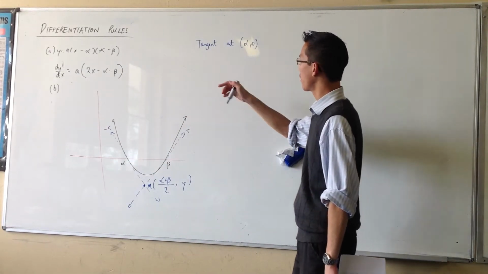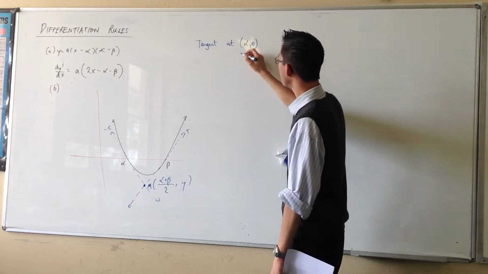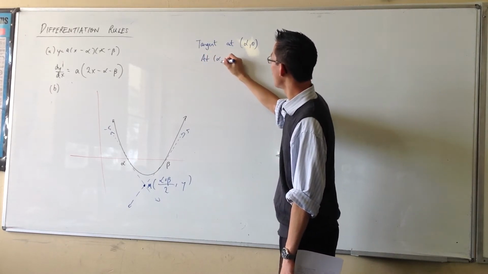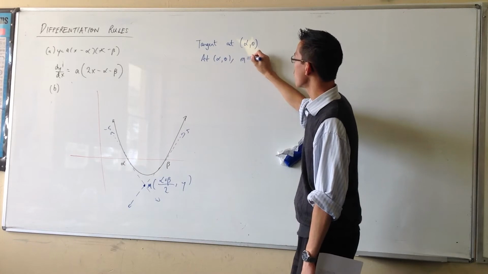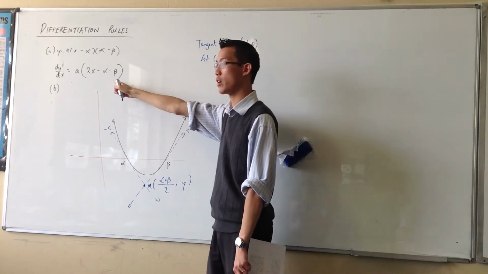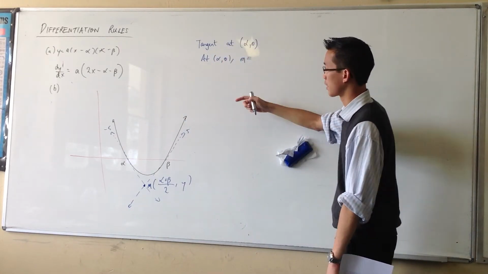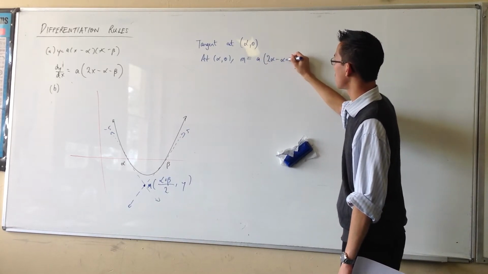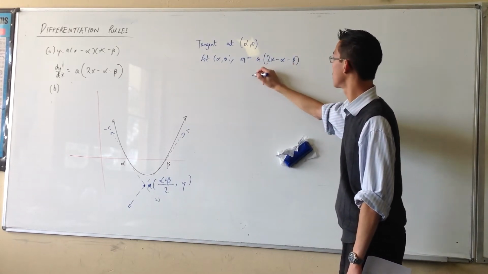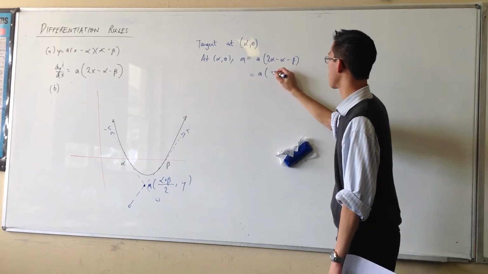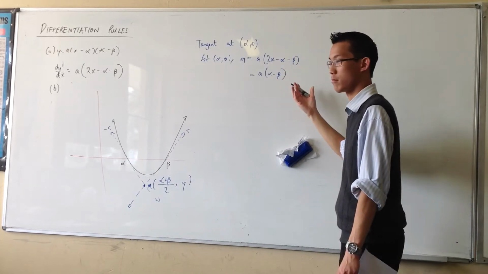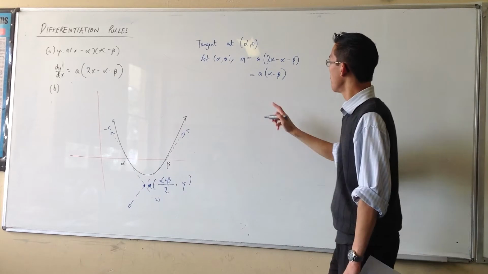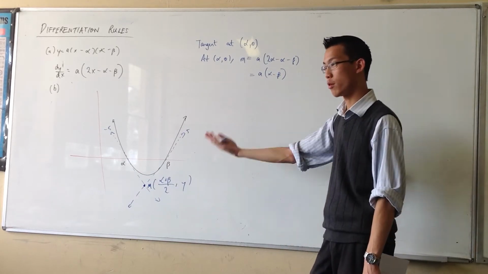So at the point (alpha, 0), the gradient will be, I'm just going to evaluate dy/dx at such a point, which doesn't turn out to be that hard because of the numbers. You get 2 alpha minus beta, so here you've just got alpha minus beta. Now I can pop it into point-gradient form.